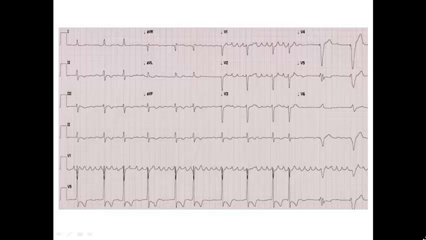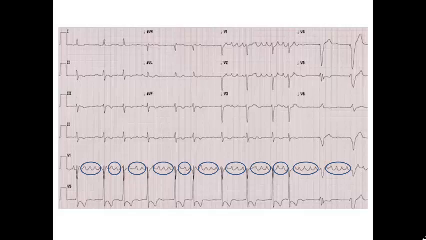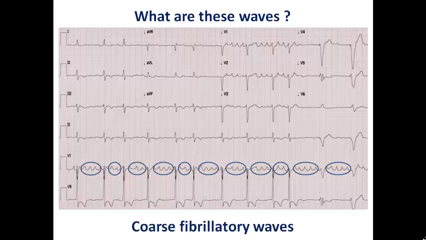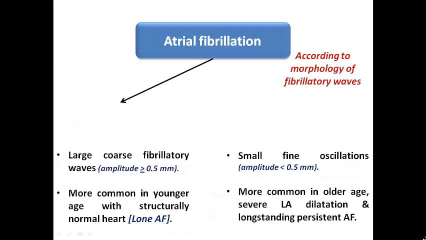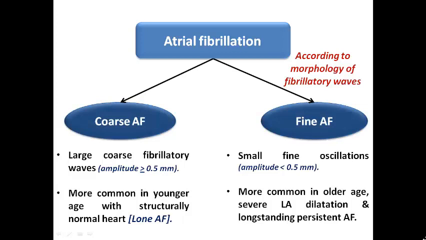We can see in this example this very famous pattern of atrial fibrillation. Sometimes we may see these waves. These waves may seem like sawtooth appearance that we can see in atrial flutter. So someone may say that this is atrial flutter with variable rate of conduction, which we learned in the lecture before, but these are not flutter waves, they are coarse fibrillatory waves. What is meant by coarse fibrillatory waves?